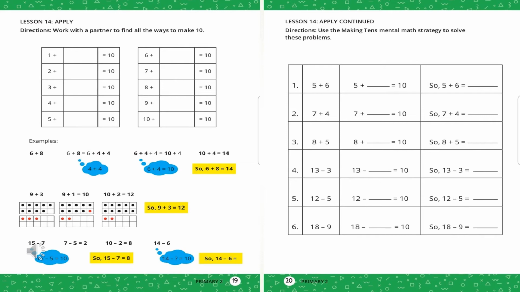Great. Number 2, 7 plus 4. This 7 is very weak. It needs what to be 10? To be strong like Mr. 10? 7 needs 3. Yes, because 7 plus 3 equal 10. We will take this 3 from 4. Please 4, give me 3.